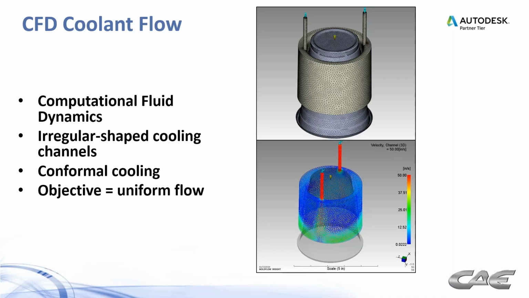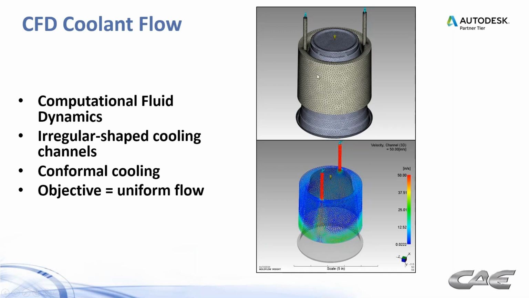Most cooling channels look like little beams, and in a standard Moldflow analysis those are modeled with what we call beam elements. But what do we do when we have an odd-shaped cooling circuit like we see here in this cup mold? You have an inlet here, and now we have this cooling jacket around the cup, and we have an outlet here.